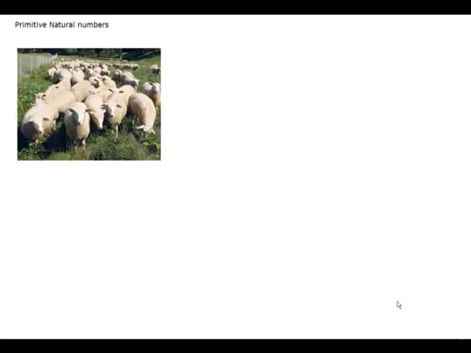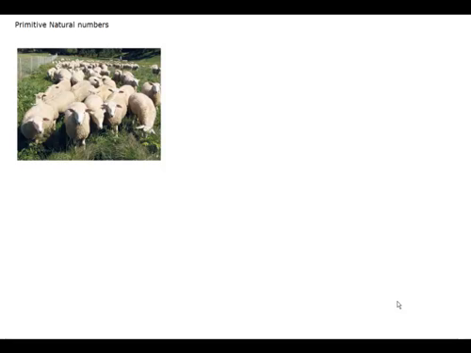For example, they needed to keep track of a flock of sheep. If the sheep had gone for grazing, when they came back, they wanted to ensure that all sheep had returned home.